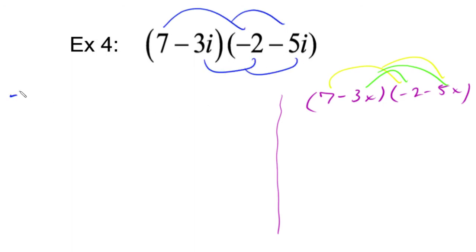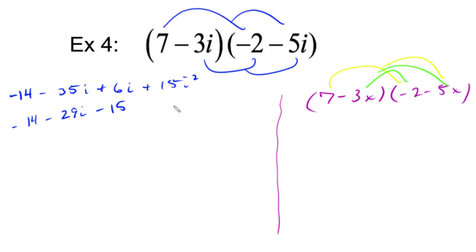And you would get negative 14, and then distribute here, and you get negative 35i. And then here you've got positive 6i and a positive 15i squared. And that gets you, when you combine like terms, negative 14 minus 29i minus 15. Why minus 15?